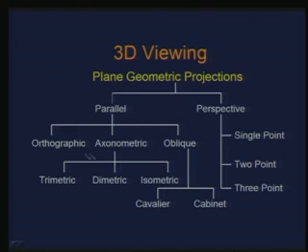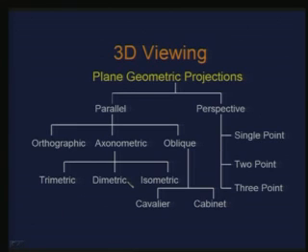Here what we observe is that the projectors are parallel, and depending on how we place the projection plane, we get these three kinds of parallel projection. Within axonometric we have trimetric, dimetric and isometric depending on the foreshortening.